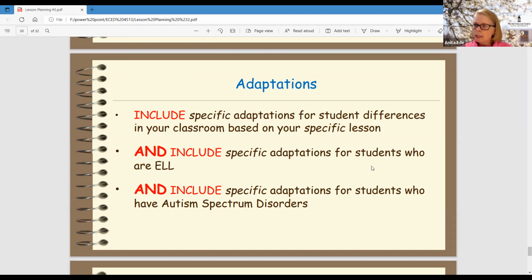And a lot of times teachers just load them up with extra worksheets and extra, that's not what they need. They need whatever area they're gifted in, they need to be challenged in that area.